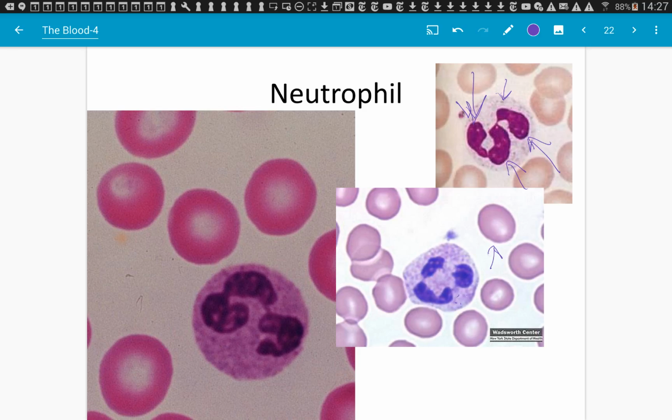You'll see examples where they're much bigger. This will help you. So the appearance of multiple nuclei, and remember, it doesn't have multiple nuclei, it just looks like it does, and it's a granulocyte. Okay.